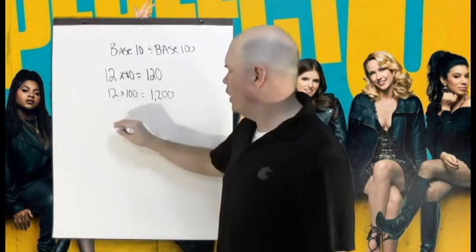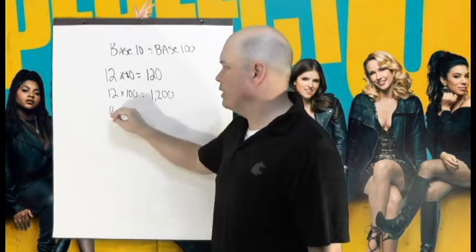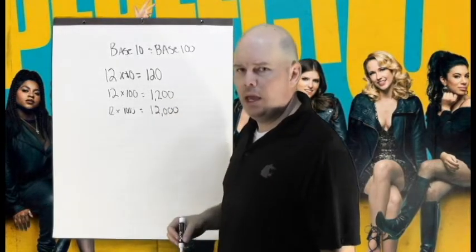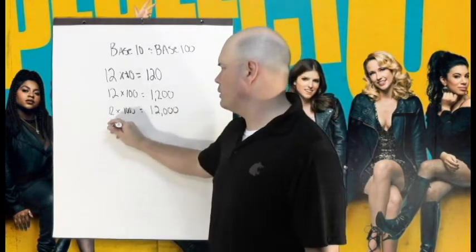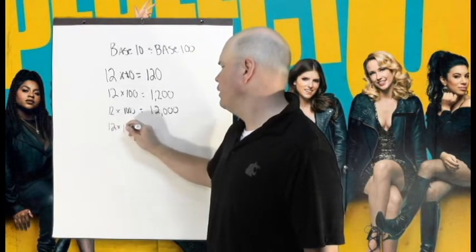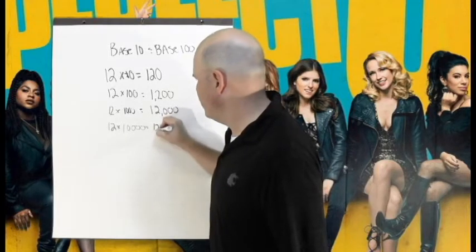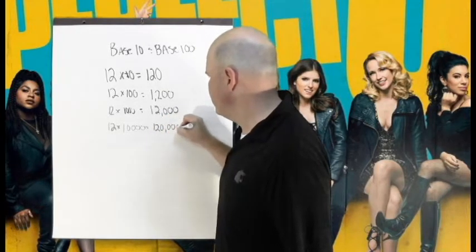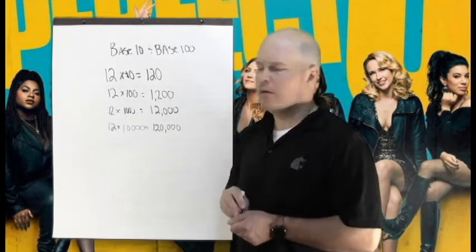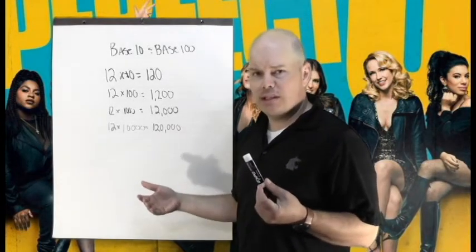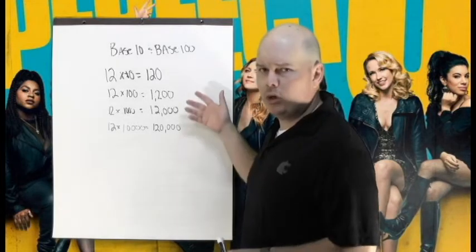If I took 12 and we just kept going with this and did 1,000, I would have 12,000. Okay? And if I did it one more time, just to really belabor the point, I would have 120,000.